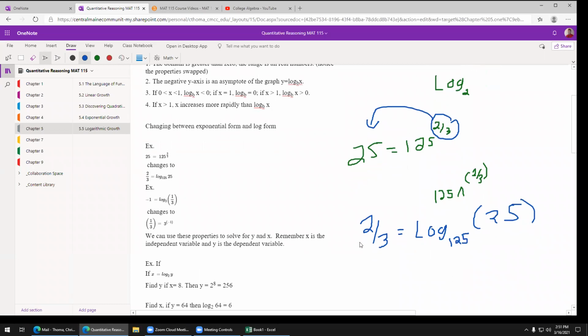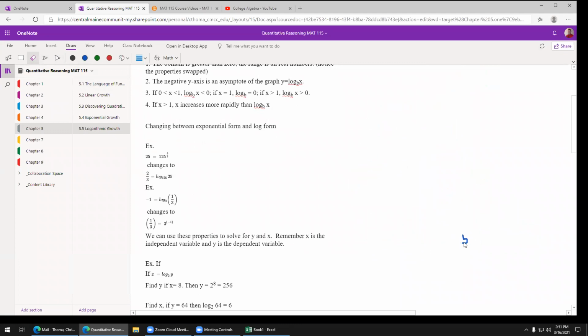So for the example I give, say I have one that's in log form. So if I say -1 equals the log base 3 of 1/3, again, you can't solve that.